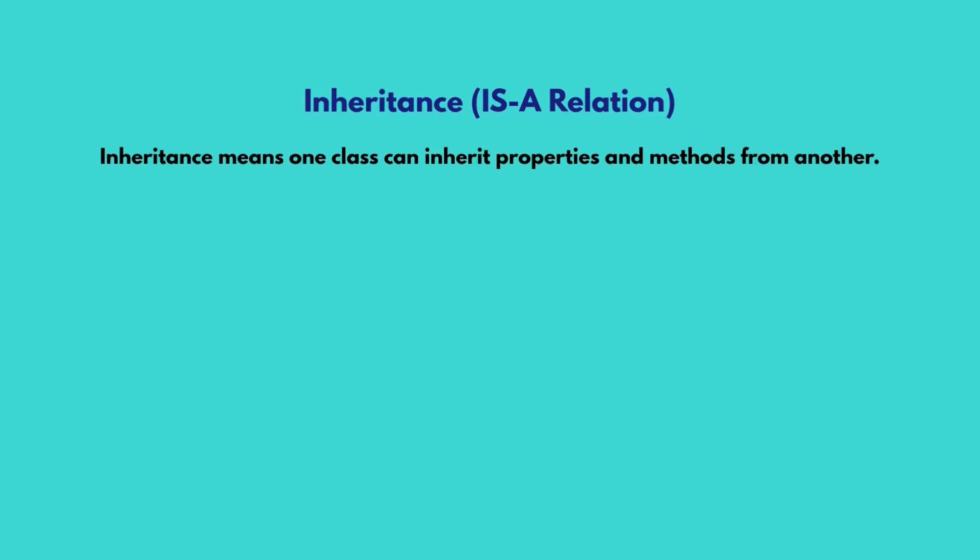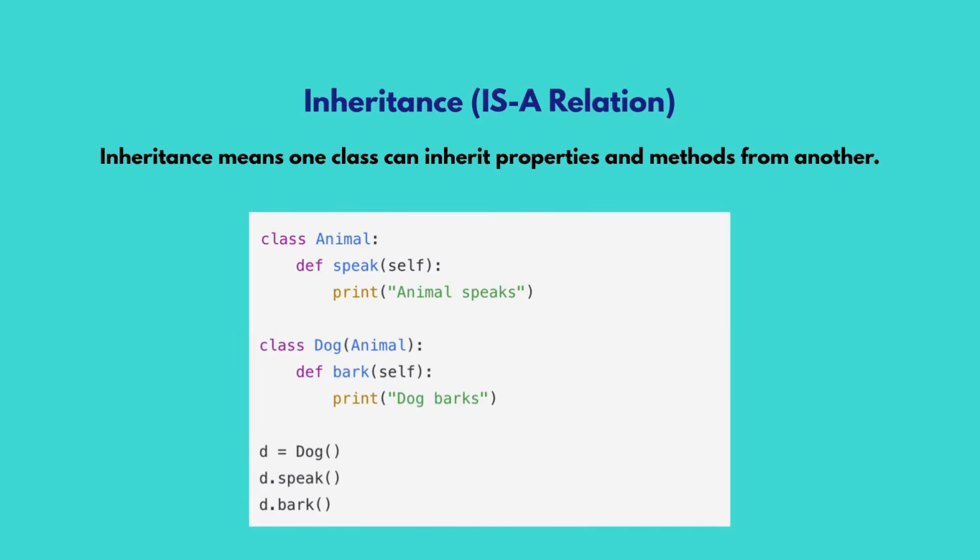Now, the next thing is inheritance. So inheritance is also called the is-a relationship feature. Inheritance means we reuse our code, where one class can inherit the properties and methods from another class. For example, I've shown the animal class. So animal, I'll be taking as a parent class, and then I'm creating another class, dog.